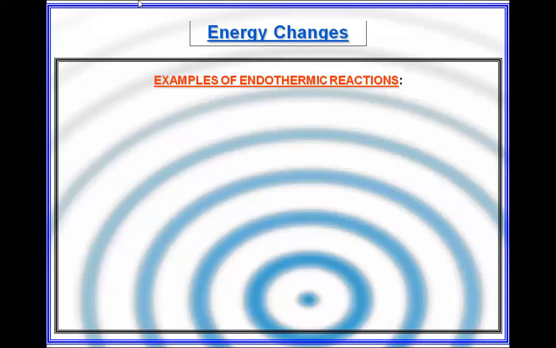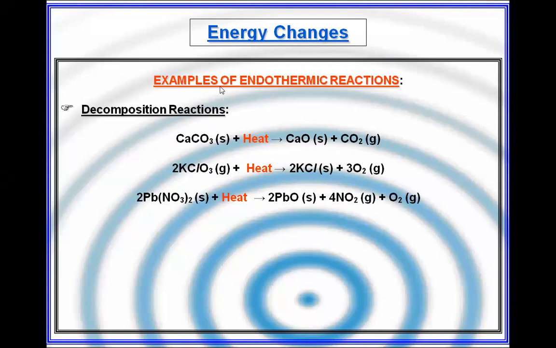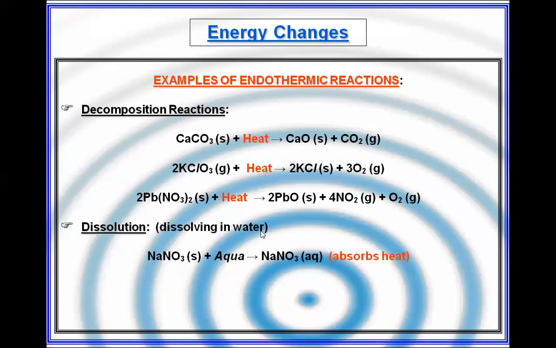These are the examples of endothermic reactions. All decomposition reactions, when a single compound is heated in the absence of air, produce their products. This is called decomposition. All decomposition reactions are examples of endothermic reactions. When an ionic compound dissolves in water, this is called dissolution, and it must absorb heat energy.